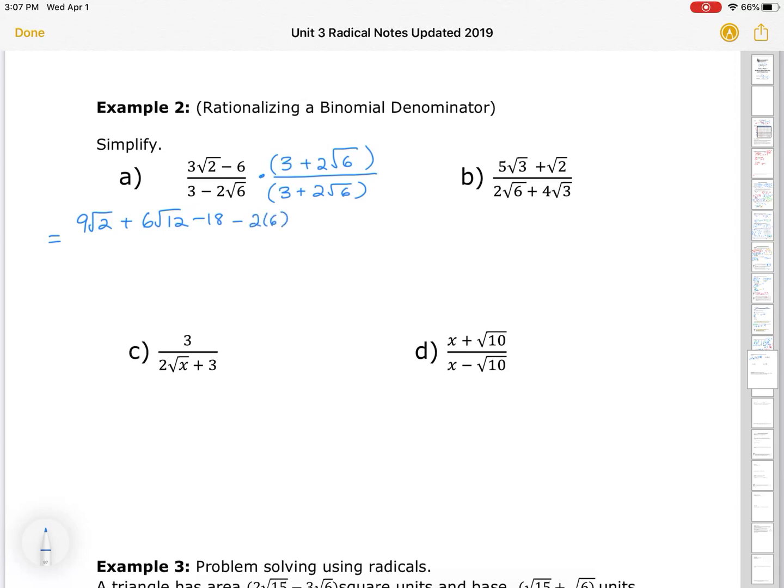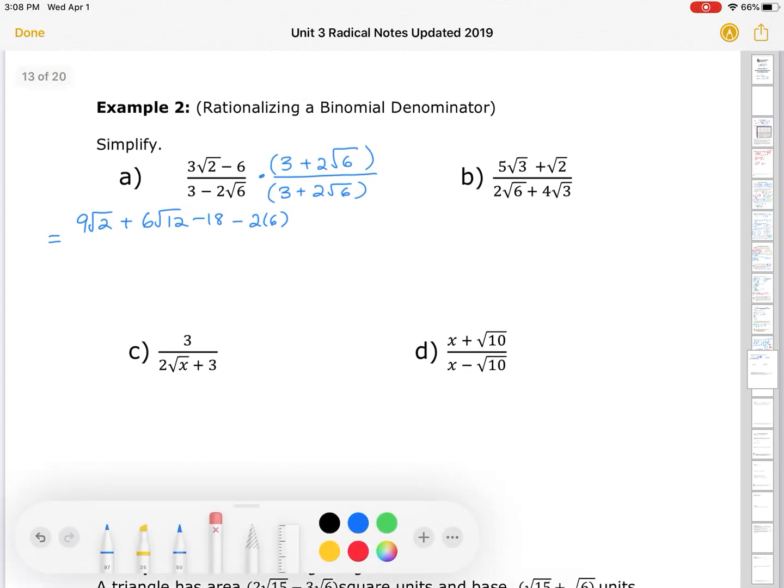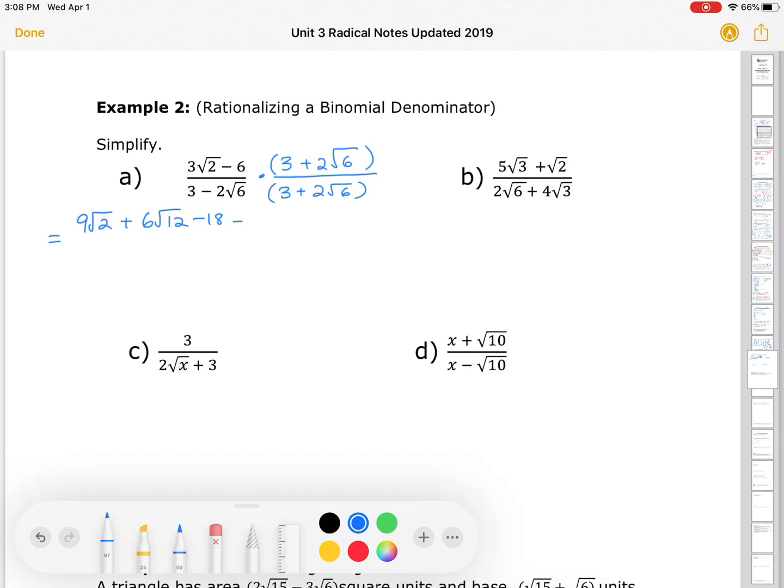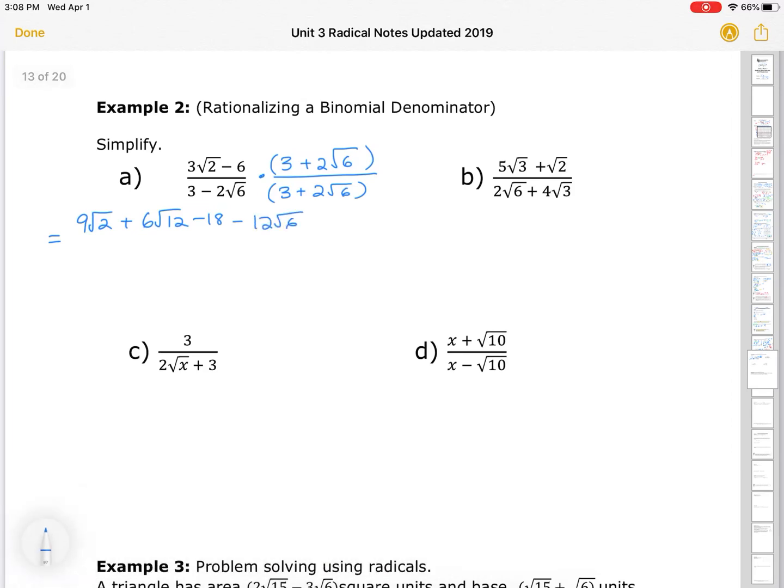And my last is going to be negative 2 times 6, times root 6, so minus 12 root 6. Okay? So that would be my top.